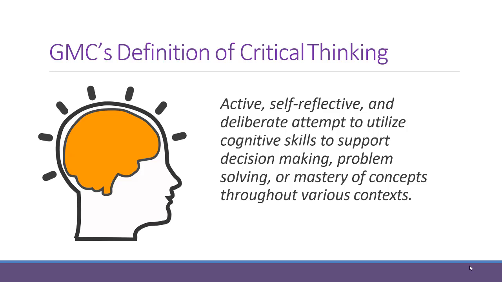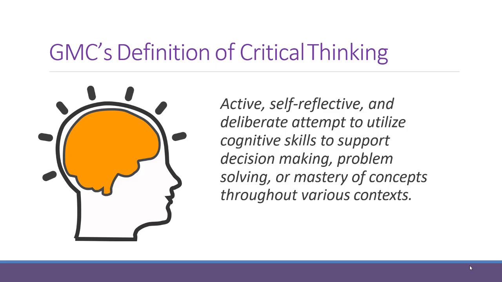In other words, critical thinking is an active and self-reflective process that you can apply to all of your decision making inside the classroom and out, that you can apply to problem solving, whether you're problem solving how to select your next phone, or how to register for the next quarter, or problem solving on an exam.